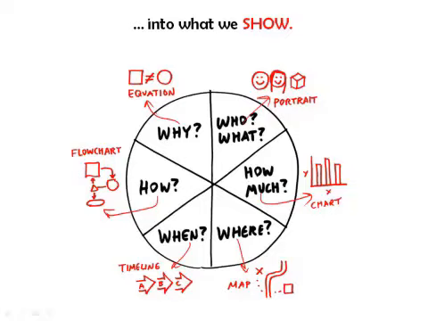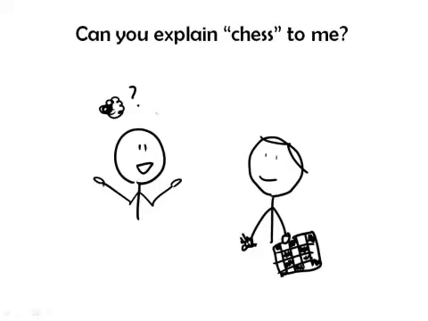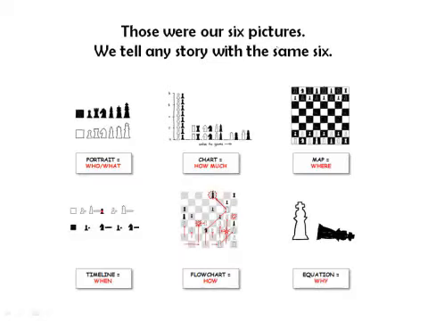So now we know what pictures to draw, and let's give an example. So last time we talked about, can someone explain a complicated idea like chess to me? Well, yes, I can. And here were the 6 pictures. My portrait showed who the players were, black team, white team. My chart showed how many of those pieces do I have, and how important are they to the game. My map showed where do those pieces sit at the beginning of the game.